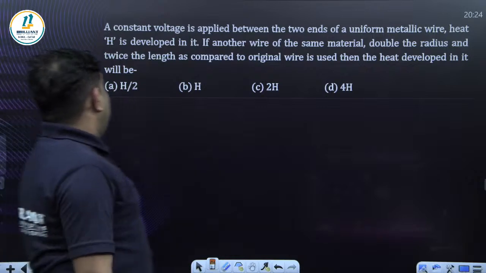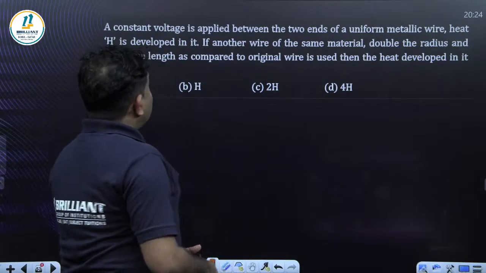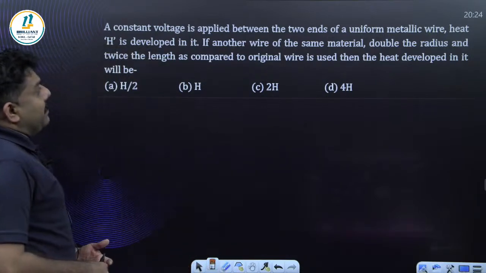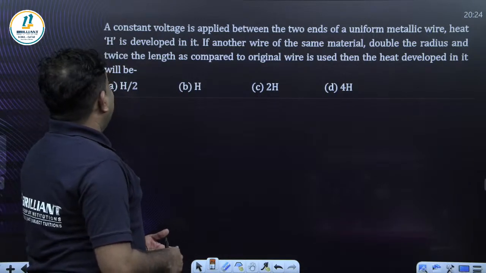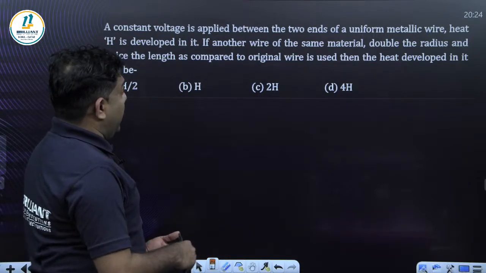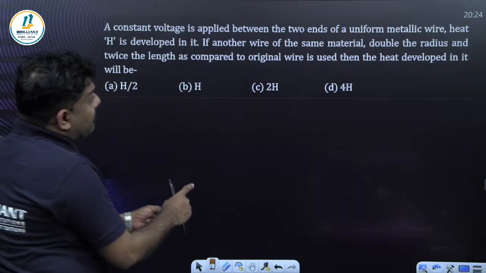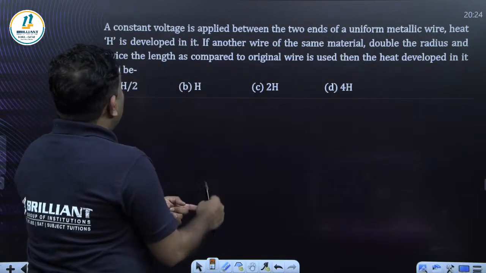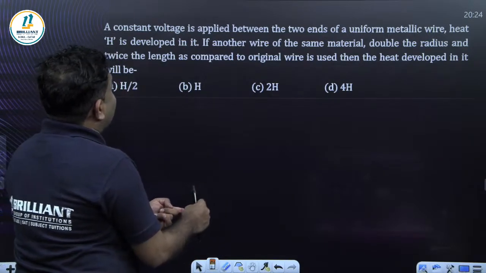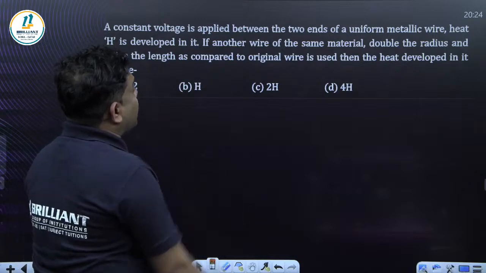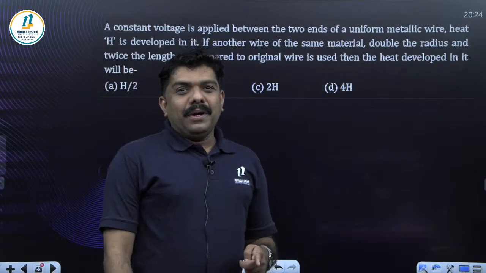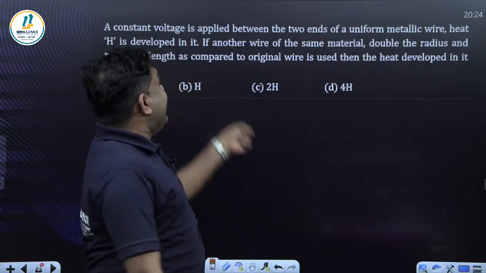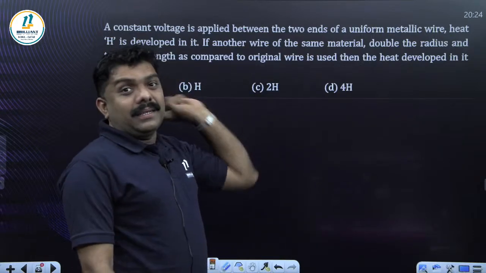Now the next question we are explaining. A constant voltage is applied between the two ends of a uniform metallic wire. Heat H is developed in it. If another wire of the same material, double the radius and twice the length as compared to the original wire, is used, then the heat developed in it will be? So here the question is heat developed.